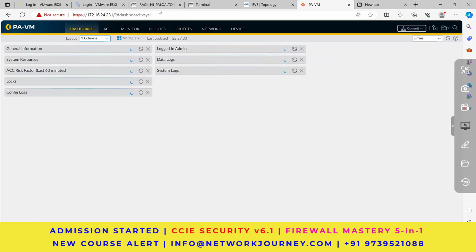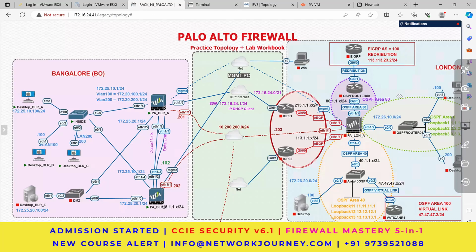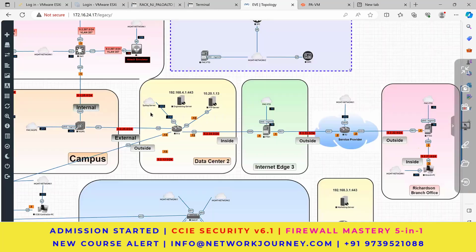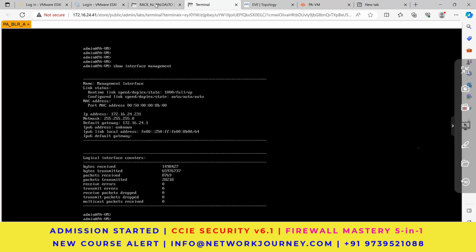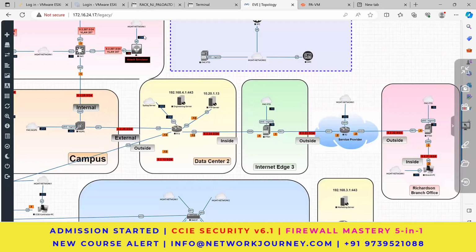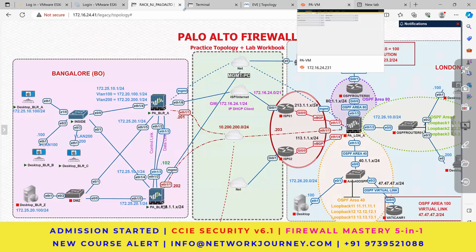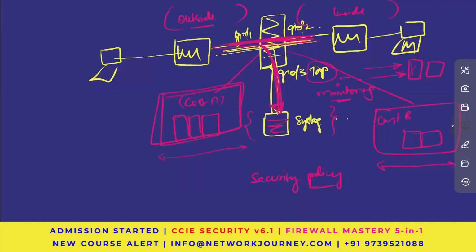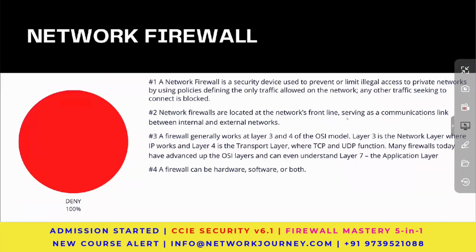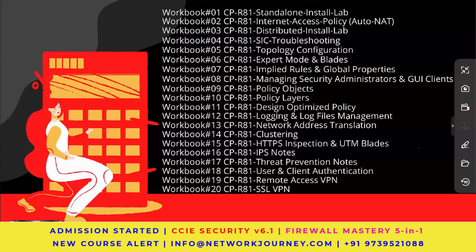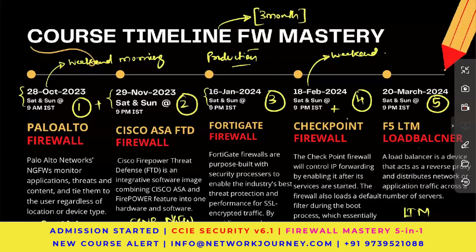Each and every next gen device has its own tabs, columns, and different ways to apply the config, pull the logs, etc. So that is why the codes that we have designed are from the production point of view, where you will be interacting with all the technologies one by one.